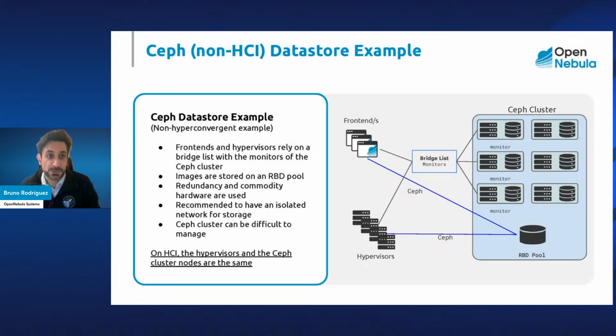Ceph clusters have to be thought of as expanding a lot horizontally. It's better to have 4 servers than 2. With Ceph, it's better to think in terms of a lot of commodity hardware rather than a small amount of it. And it's recommended to have an isolated network for it.